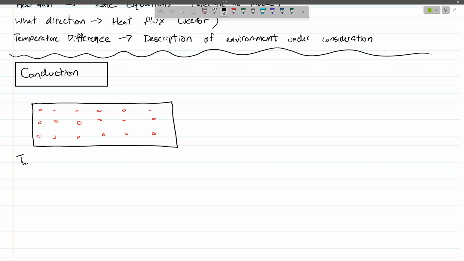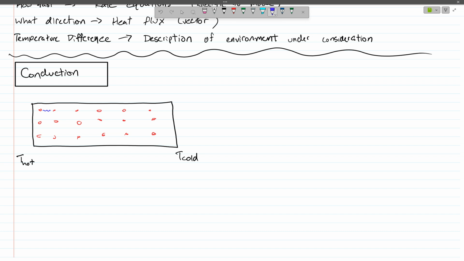If one end of that material is at a hotter temperature than the other, then on a molecular level, what we've got going on is a whole lot more molecular kinetic energy, right? The molecules over here are going nuts. They are either vibrating or they are zipping around and colliding with their neighbors.